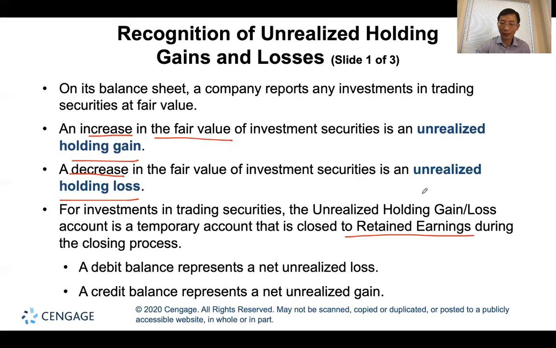And this is in the income statement. So we will show you the difference will be for the available for sale security. A debit balance represents a later realized loss. A credit balance represents a later realized gain.